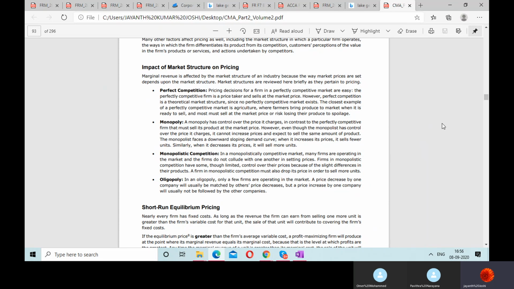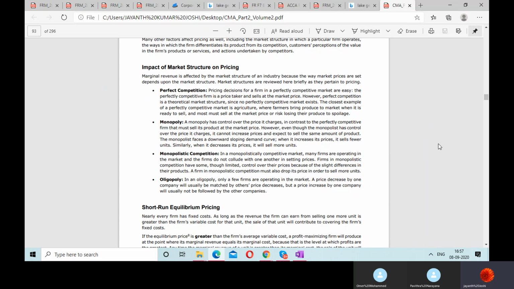Each firm is a price taker and sells at the market price, all selling the same kind of products. Monopoly is a single seller. He is a price maker, others are price takers, and he wants to take advantage of his position because he has control over prices.